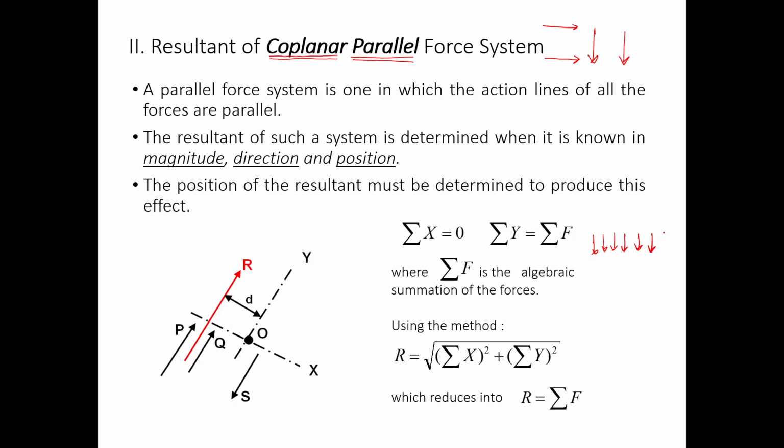Okay, so the resultant of your parallel forces can have the magnitude, the direction, and the position, which will be coming from the resultant of your parallel force system. So it takes the combination of all parallel forces, and it gives us the ultimate resultant force.